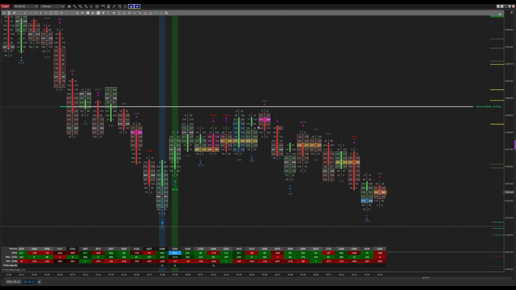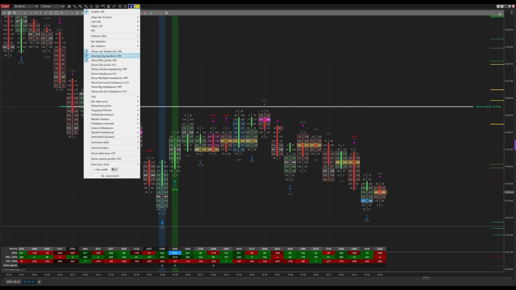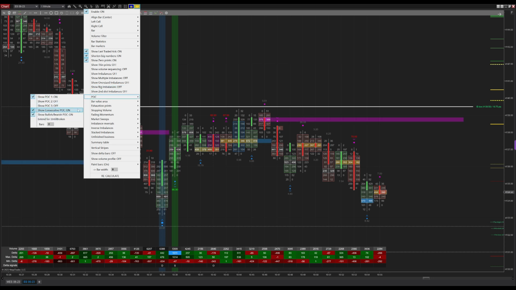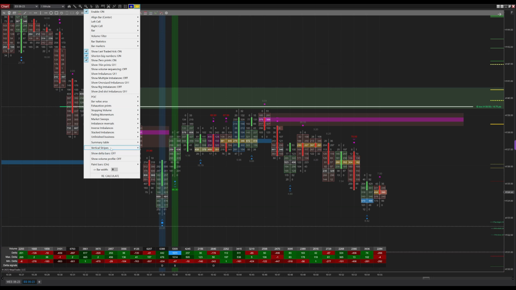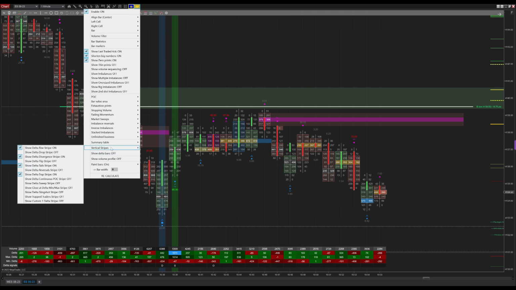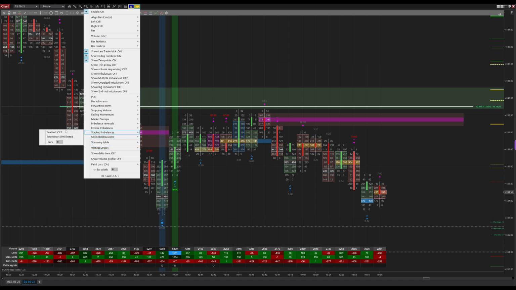Be careful about getting too much on here, because now if we go back and we start extending all of these things, this can get a little messy. Let's go tested. Let's do bar value areas. Let's go until tested. Let's put some here, we'll put stacked imbalances on. Right?